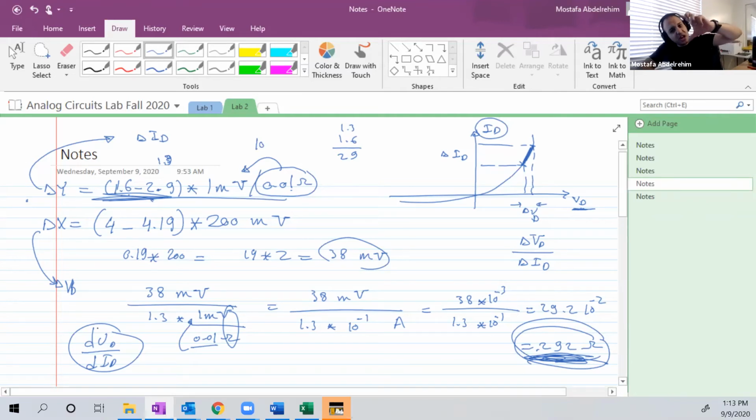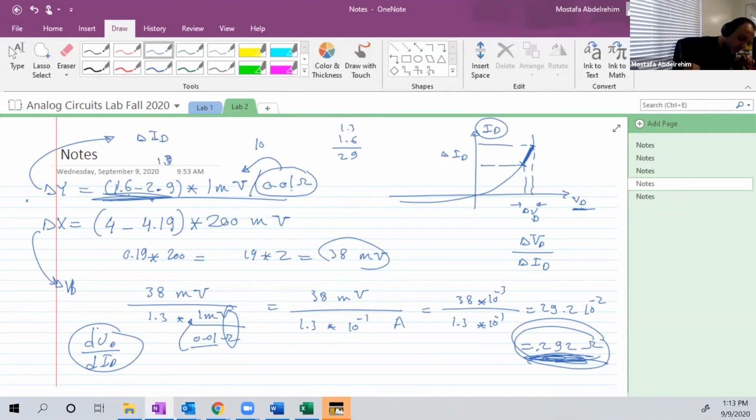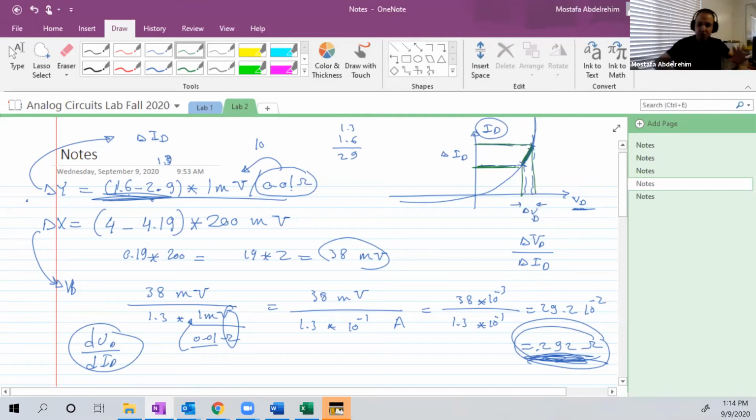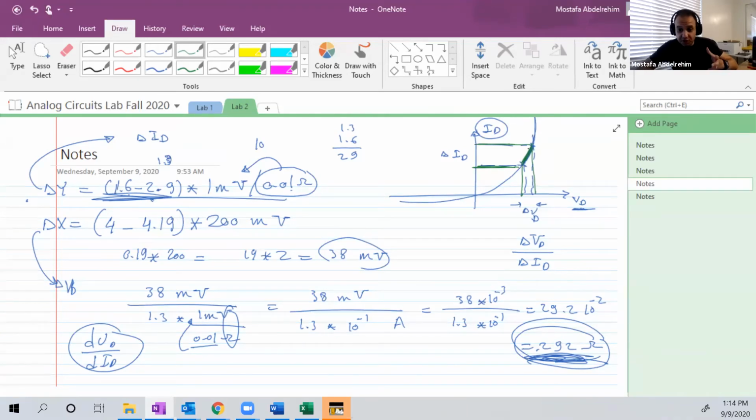So we look at the curve and pick the range of current we will work in. We consider this portion of the curve as a straight line and calculate its slope, and this gives an estimation of the resistance of the diode in that range. Okay?